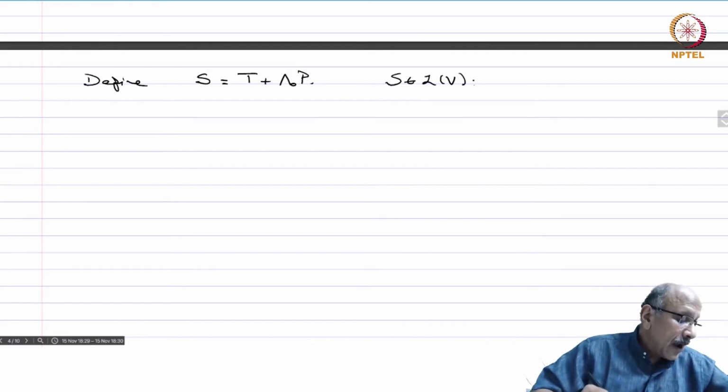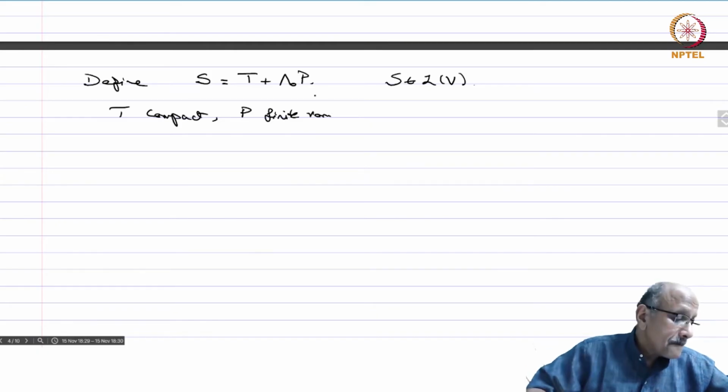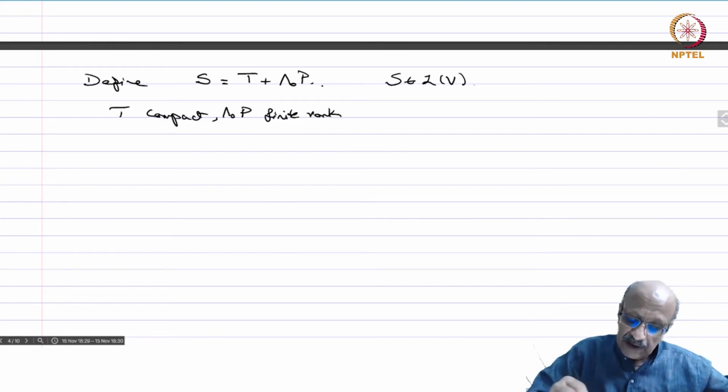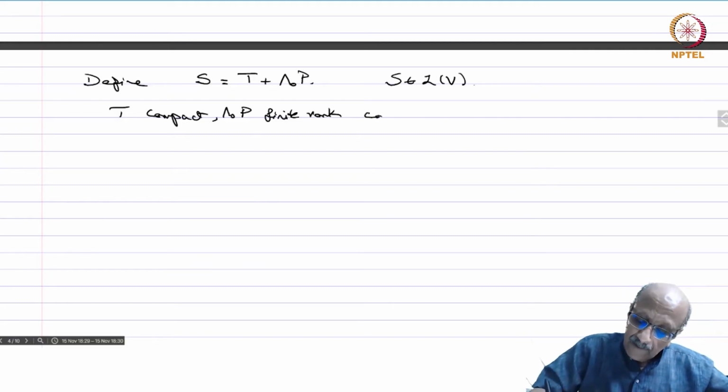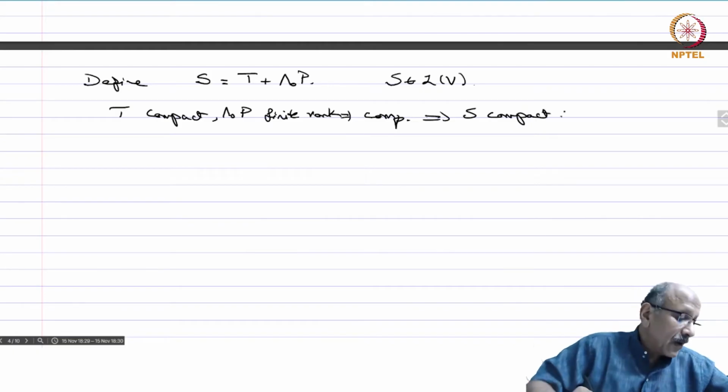Okay, and T is compact and lambda P is of finite rank. In fact, lambda composed with P has finite rank because its range is inside W, which is finite dimensional and therefore compact. Therefore, the sum of compact operators is compact. So S is also compact.